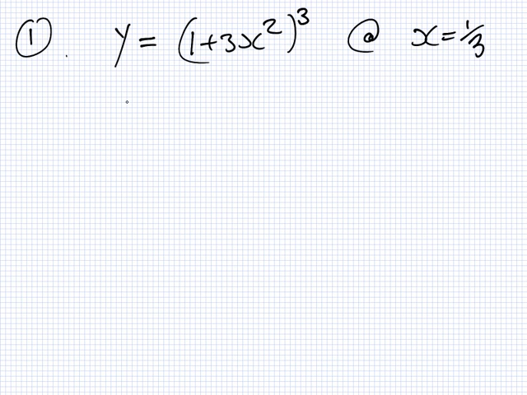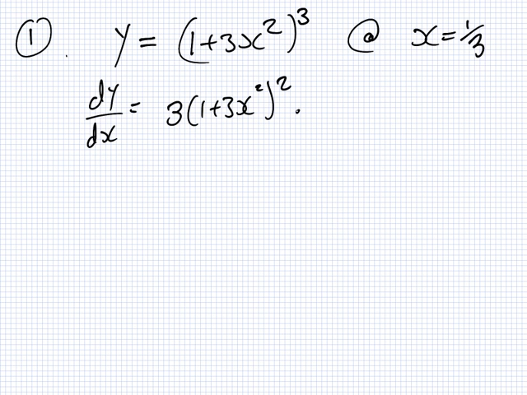Okay, so this is the chain rule, which says you differentiate the outside, which is the cube function: bring down the power, reduce the power by 1, and then multiply it by the inside derivative, which is 6x. But then we have to put x equals a third.